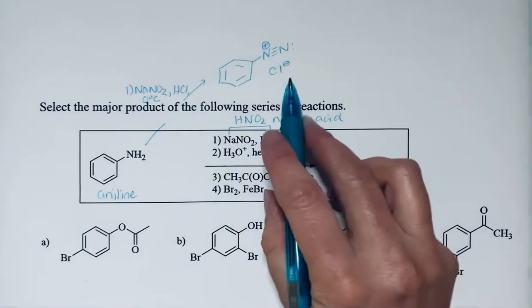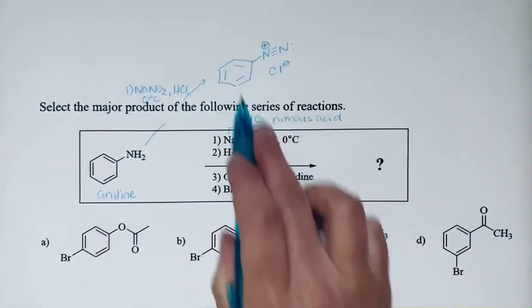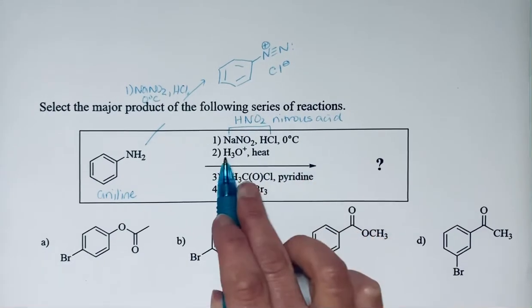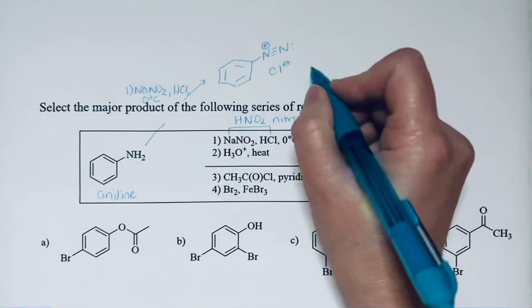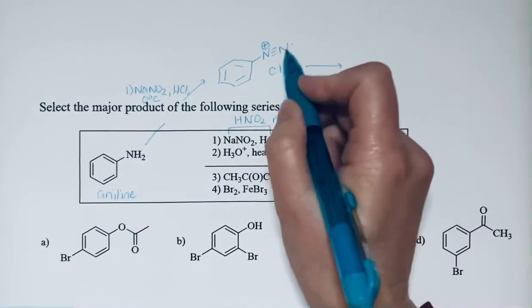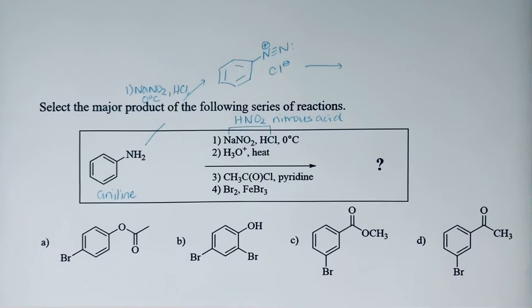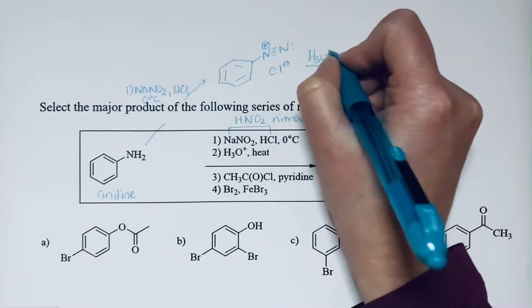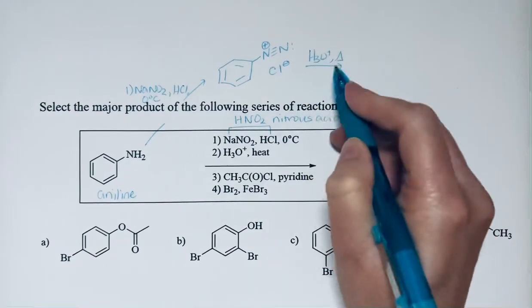So one thing you can do is if you have this diazonium salt that you formed at about 0 degrees, if you actually just let this warm up, and so I've shown it as a second step, but if you just let this warm up in aqueous acid, what's going to happen is that diazonium will be replaced by a hydroxyl group so that you get phenol. So in the next step, we're going to say that we're adding aqueous acid and heat.